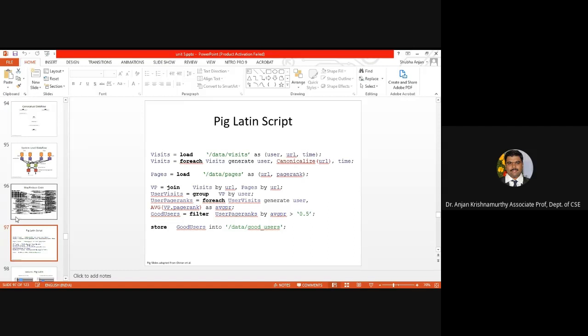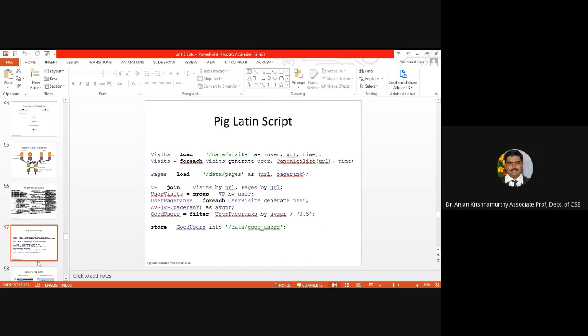So you calculate the page rank in a Perl script kind of a thing, and you also calculate the average as shown here, and you also use the filters, where you are trying to find out the number of user page ranks which are greater than 0.5, right?